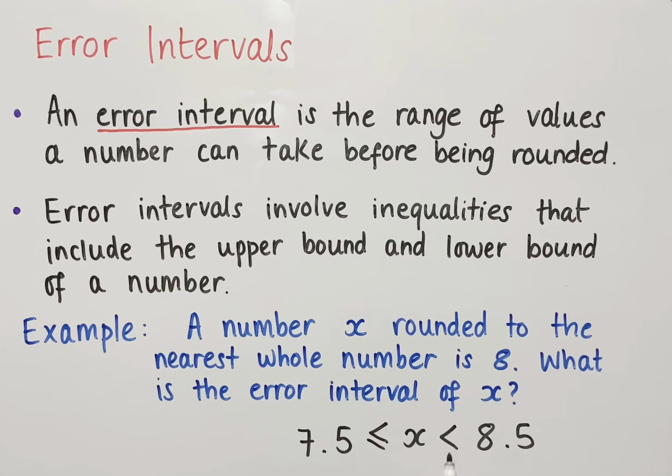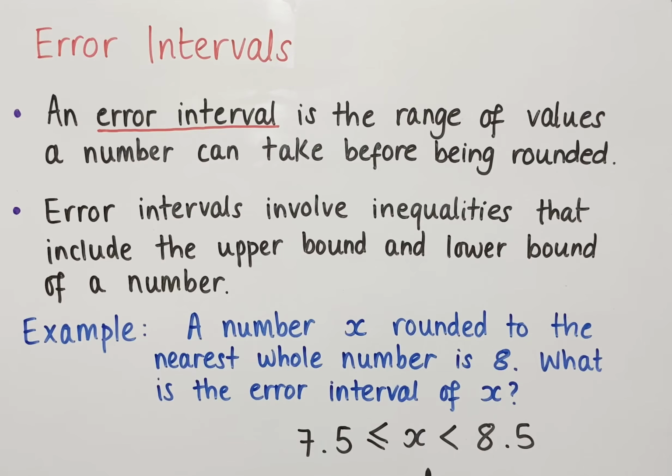We have a strict inequality, and so x can be any number less than 8.5. So for instance, it could be 8.1. 8.1 to the nearest whole number is 8. It could be 8.45. 8.45 to the nearest whole number is 8.